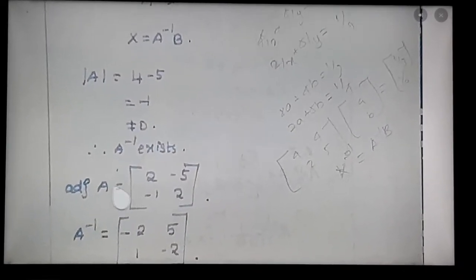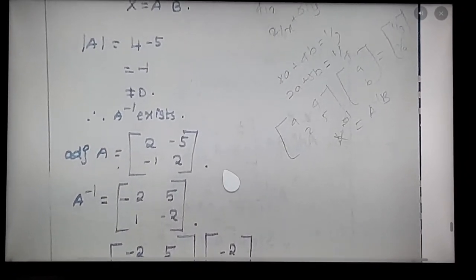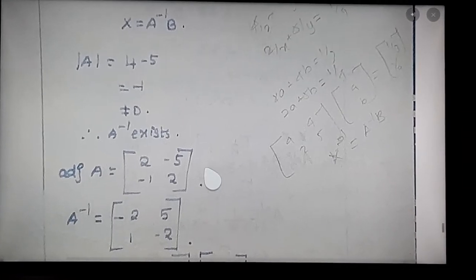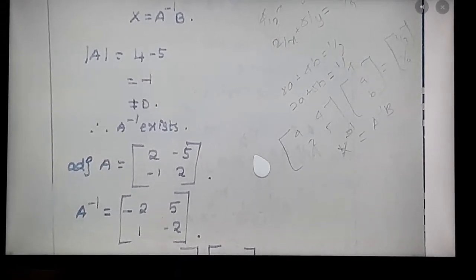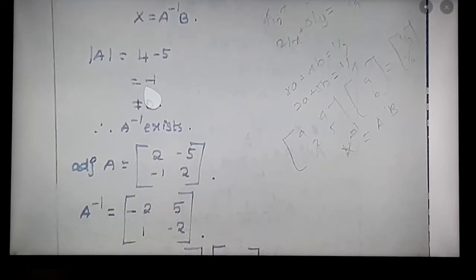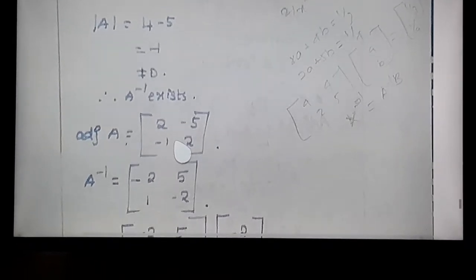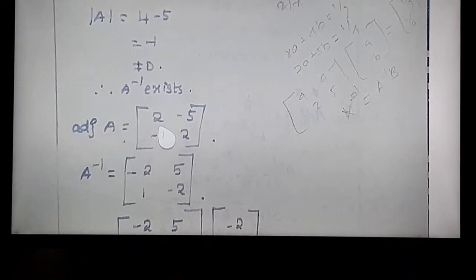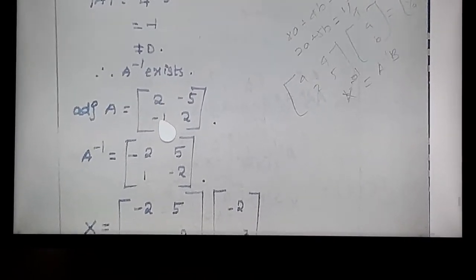That is adjoint A. You know the formula: A inverse is equal to adjoint A by modulus of A. Here modulus of A is minus 1, so it does not affect any values, it only affects the sign. Therefore, A inverse is minus 2, plus 5, plus 1, minus 2.